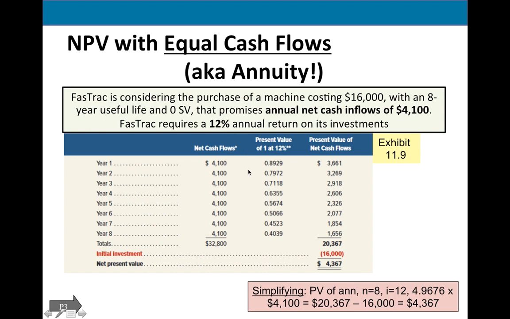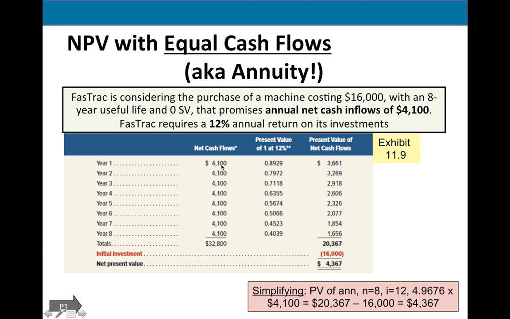Your textbook says, well, discount every net cash flow, right? They take the present value of a dollar right here from the tables. I talked about the tables. You can use the tables at the end of your book. This is table B1, or you can use a financial calculator, or you can use an online TVM calculator. So they do discount every cash flow.